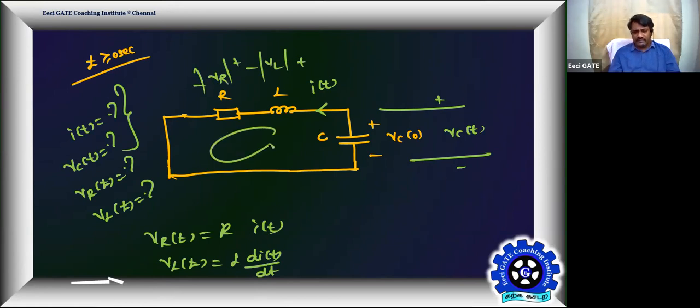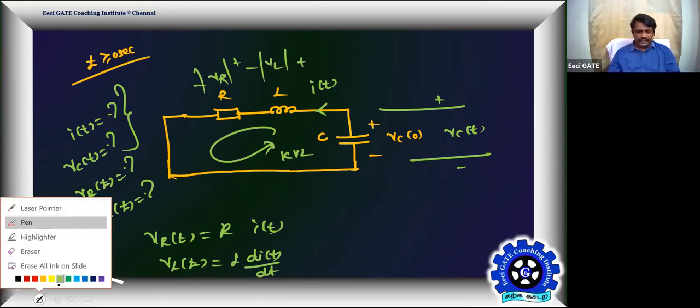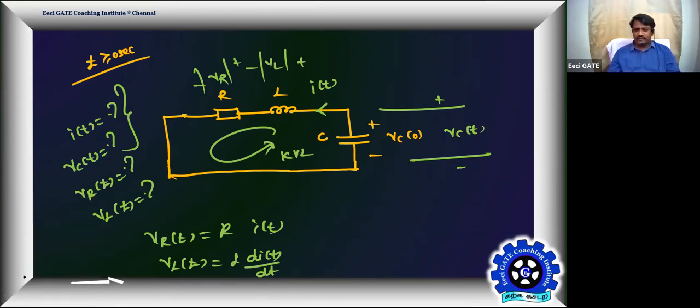Now tell me what's the KVL in this circuit. What is the KVL in the circuit? Yes, what is the KVL? Current is entering here. So therefore VL of t. Current is entering here.